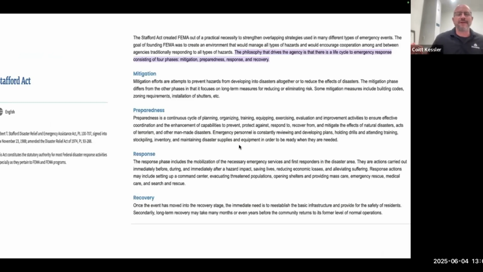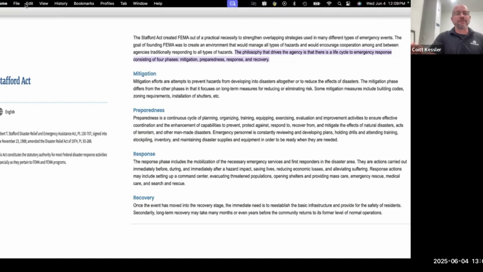I thought this was pretty good. I jumped in here and I was looking at the different stages of disaster response, and there's 4 to 5. If we've got any emergency managers on here, you may argue with me like, hey man, there's five stages in response. I just went with the four, and this all comes about after the Stafford Act that was put into place, which helped bring emergency management up to speed, right?